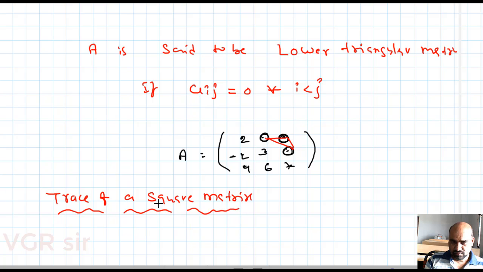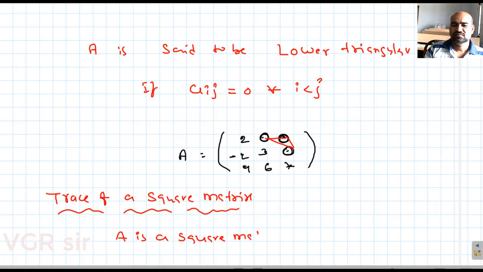A is a square matrix with order n by n, or you can simply write order n instead of n by n.